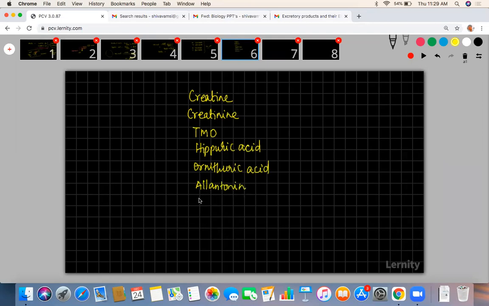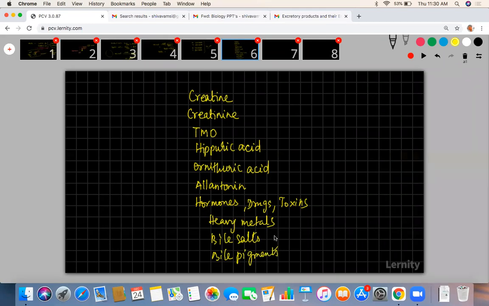Then you have your hormones, drugs, toxins, heavy metals, bile salts, bile pigments, or all these things are excreted apart from water.